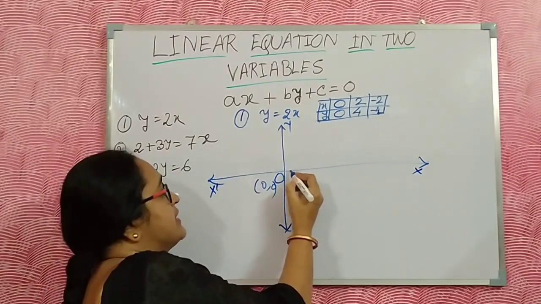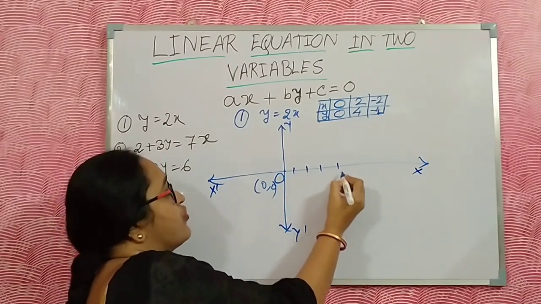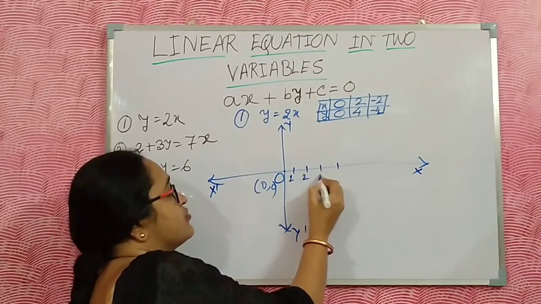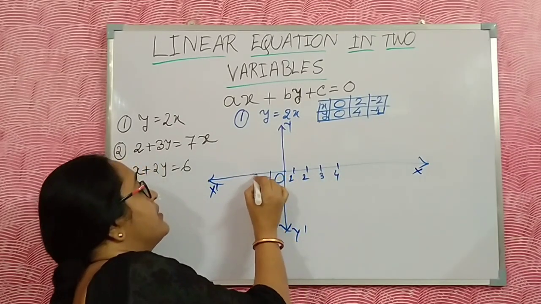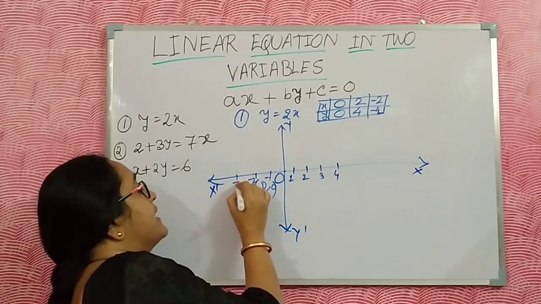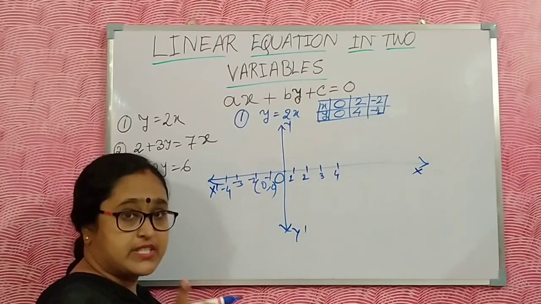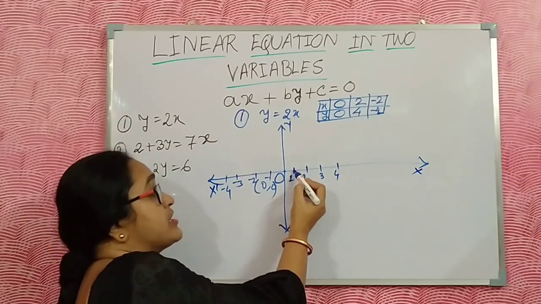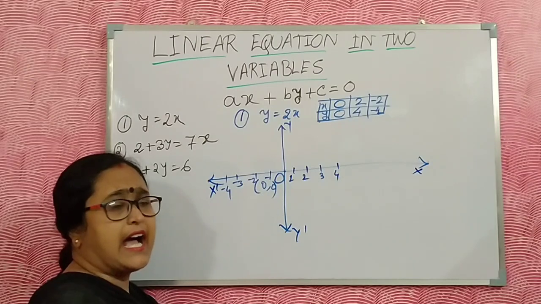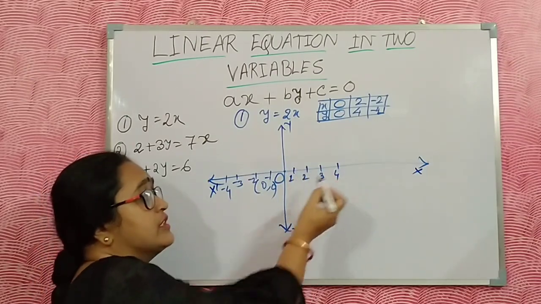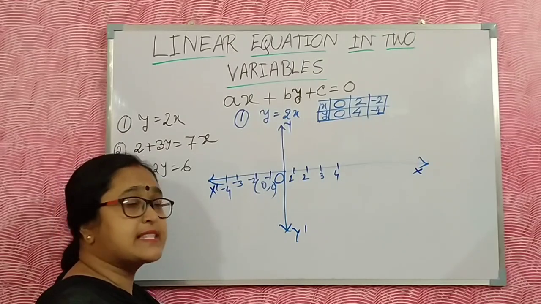Now I am marking the values 1, 2, 3, 4, and here also -1, -2, -3, -4. All the students listen carefully. Draw this with a pencil and scale, and the difference is all the same.